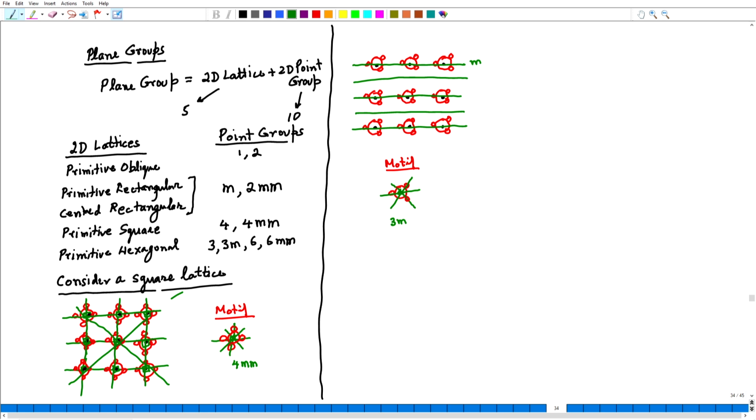If I want to define a conventional unit cell, I can define it out here. So, this is a primitive cell with lattice points at the corners. It is primitive, and I said that it should belong to the rectangular crystal system, and therefore, I say that this is a primitive rectangular lattice.